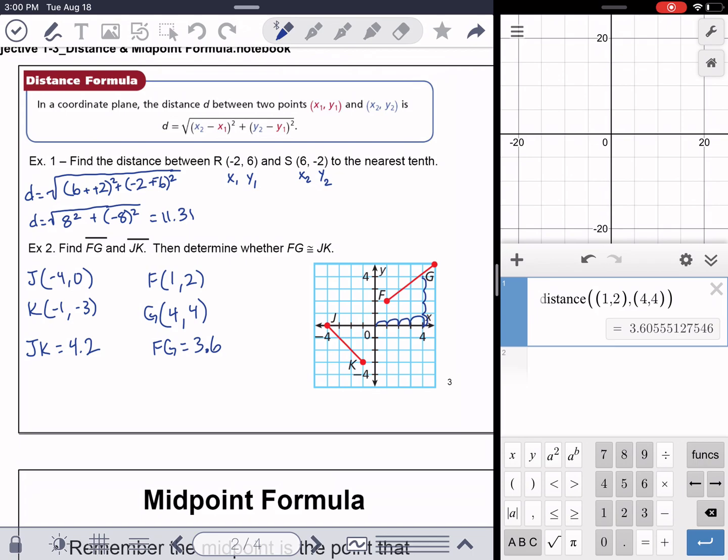So if JK is 4.2 and FG is 3.6, are those two numbers congruent? No, not congruent. All right, so stop your video and go do your assignment.